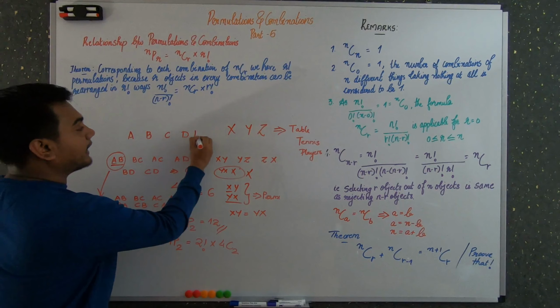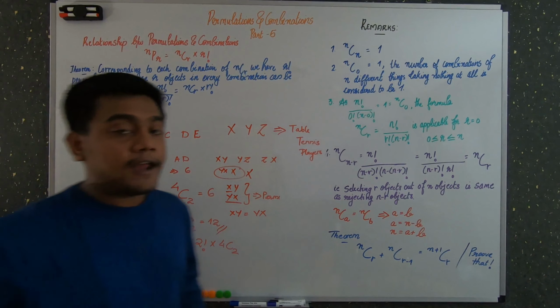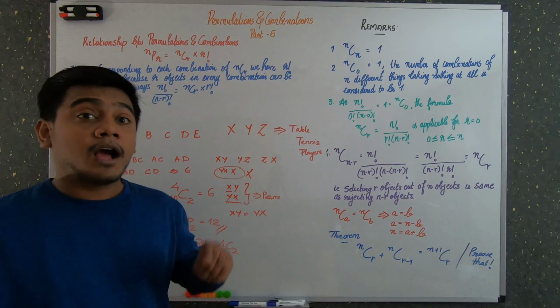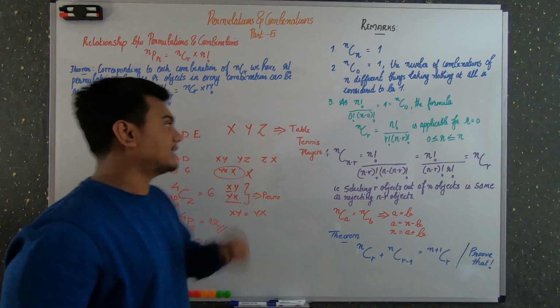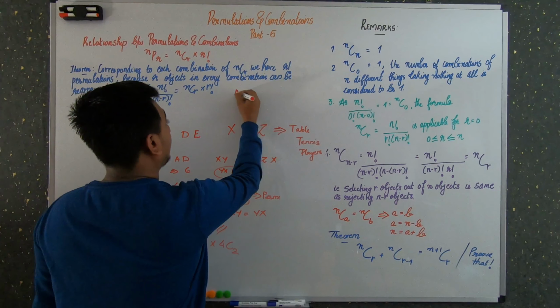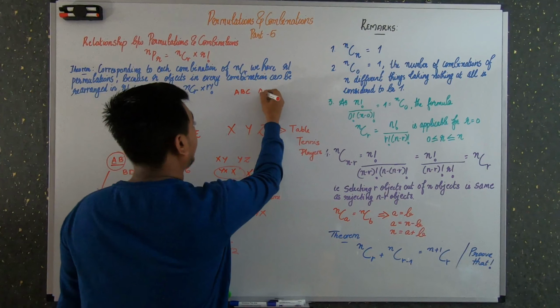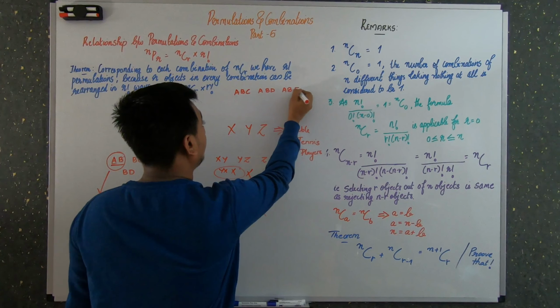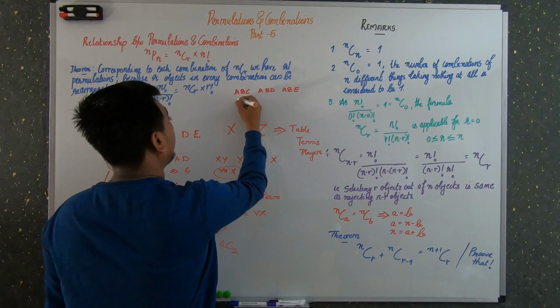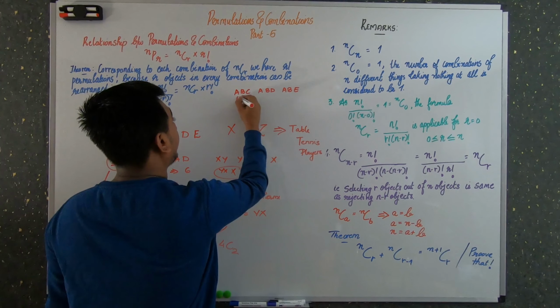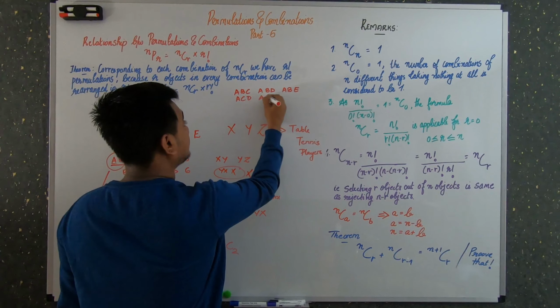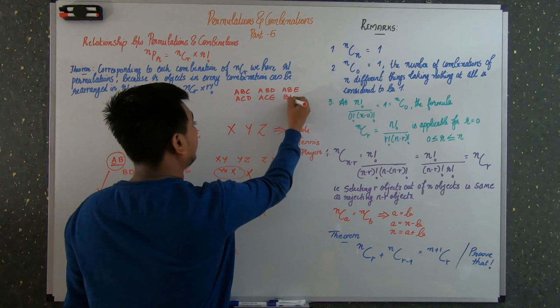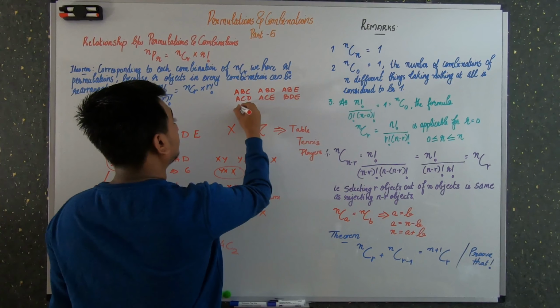So let's take a bigger number so you'll get a better understanding. Let's say I have five letters A, B, C, D, E, and from these I want to take 3 at a time. So what are the possible combinations? ABC, ABD, ABE. Then what else could be there? ACD, ACE, BDE. Then what?